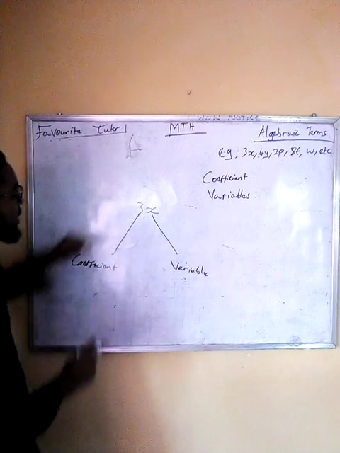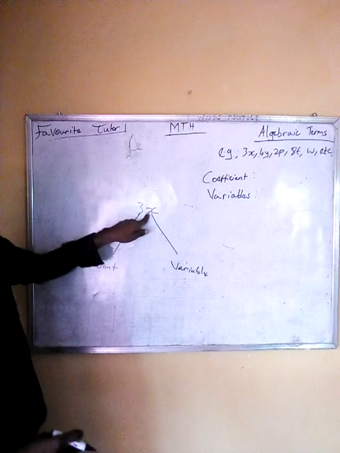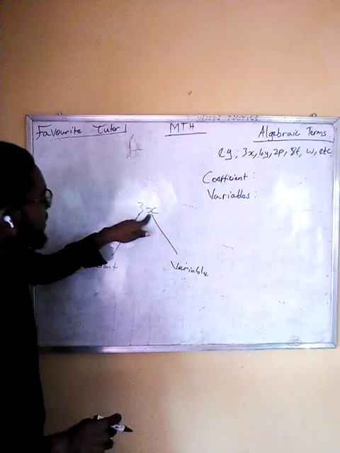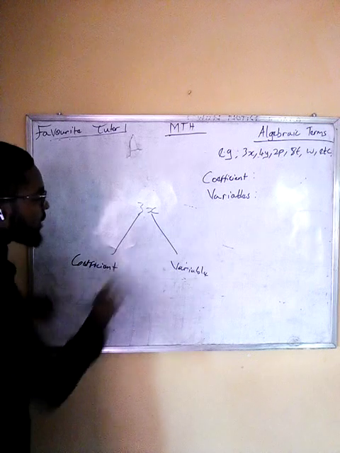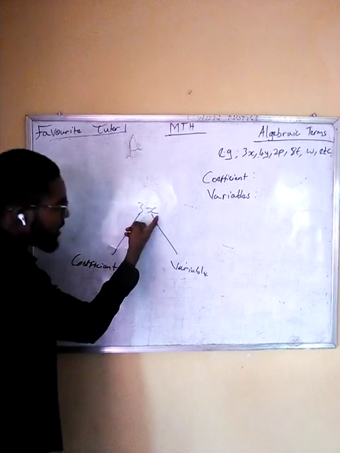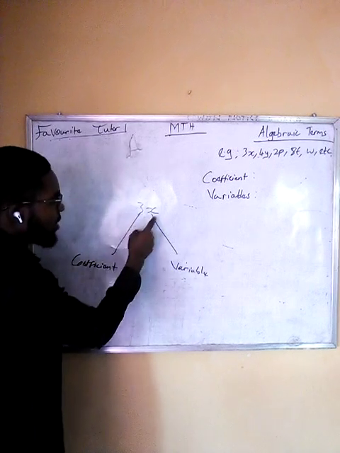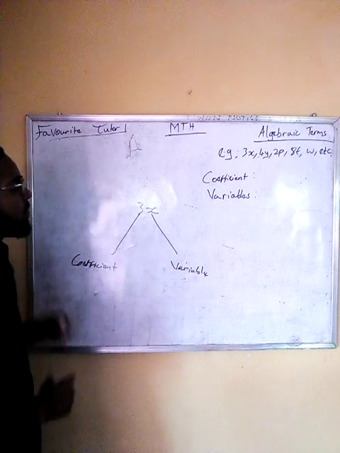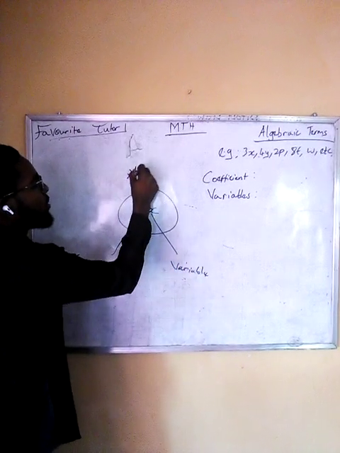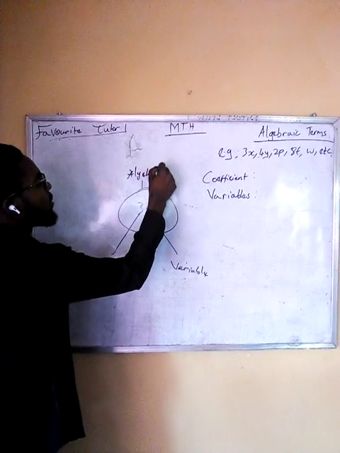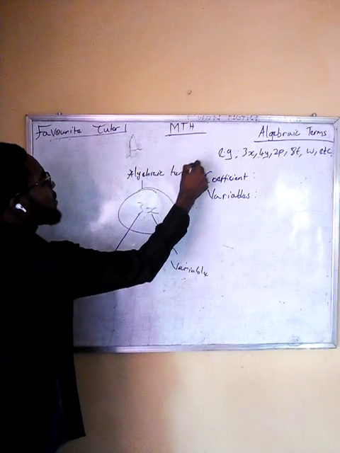The coefficient is the number attached to the letter, the number multiplying the letter, while the letter is the variable. All together, it is known as an algebraic term.